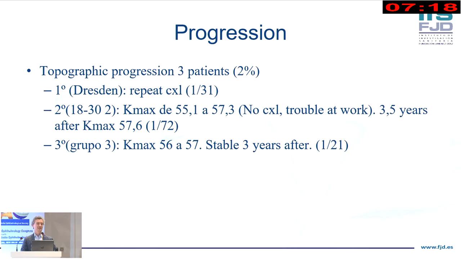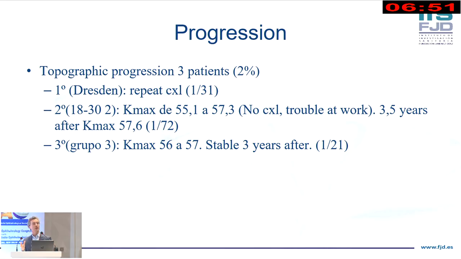So that's just 2%. The first happened in the Dresden group, the children, and this one needed a repeated crosslink, even though we had performed a Dresden protocol before. In the second group, there was just 1 progression, and that patient did not undergo a second crosslinking because of work problems.